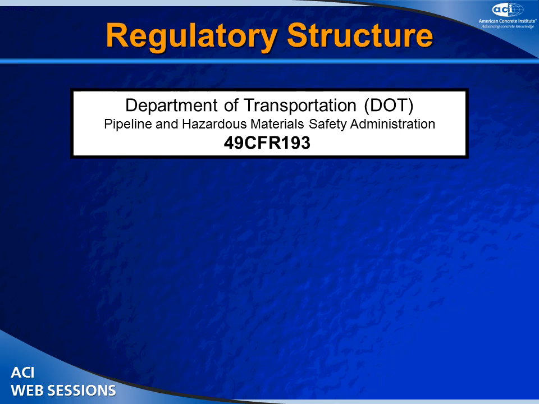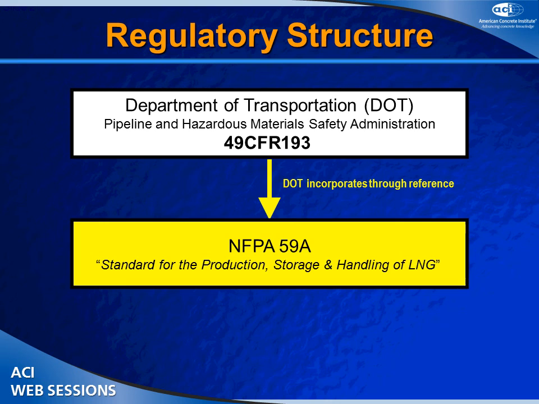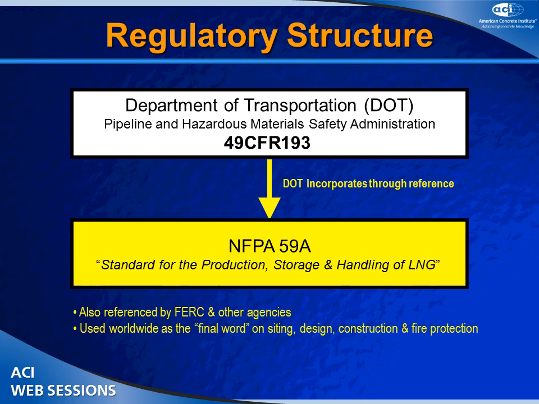So here, just to give you graphically, the DOT has regulations that refer to NFPA 59A. 59A is titled Standard for the Production, Storage, and Handling of LNG. It's also referenced by FERC and other agencies, and it's really used worldwide.